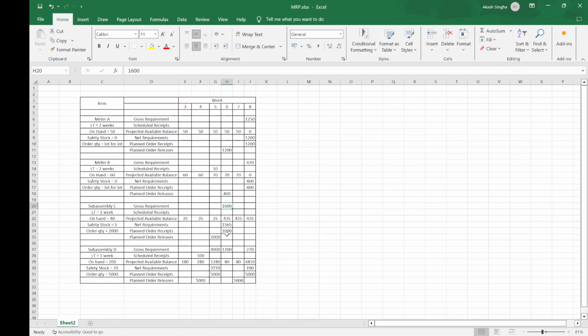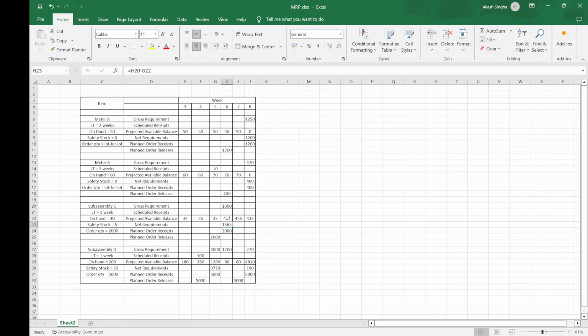So in the sixth week we need 1600 as gross. So planned order receipt should be 2000 in the sixth week, because the net requirement is more than 0.